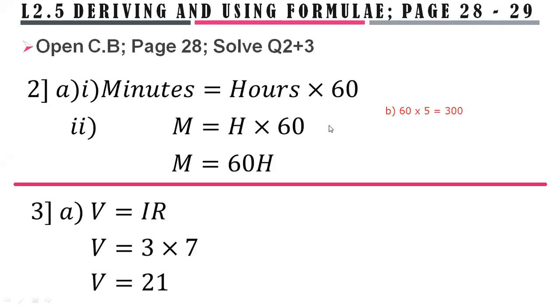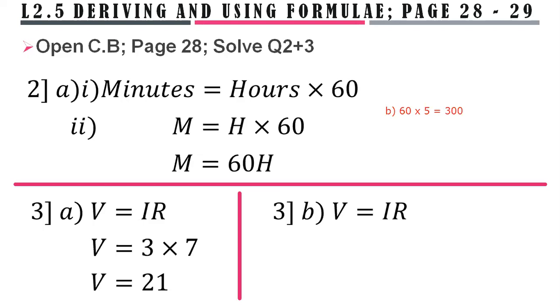B. Yes. Okay, I equals 4 and R equals 9. Yes. IR means I multiplied by R. So we multiply I by R, 4 multiplied by what?